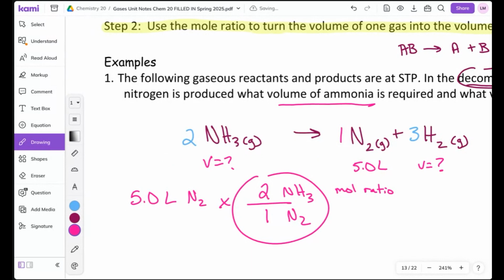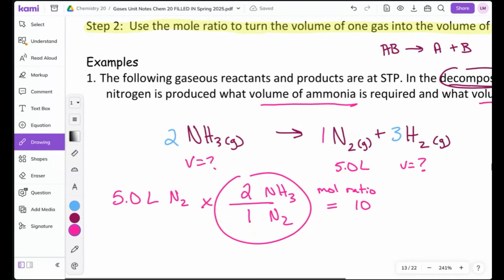So then I'm taking 5, multiplying it by 2, and then dividing it by 1, which is going to give us 10 liters of ammonia. Because if you treat nitrogen kind of like a unit, they cancel out.